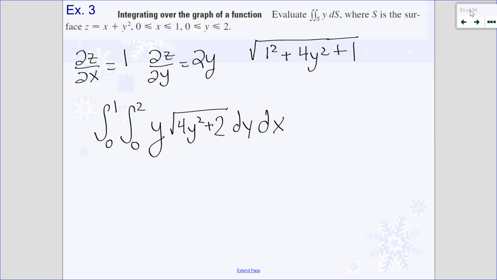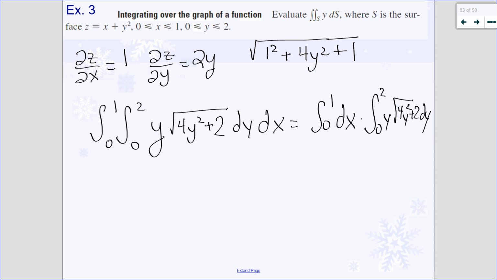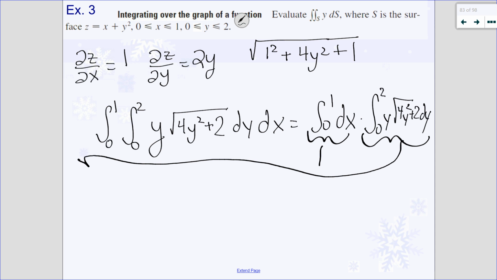I'm just going to go ahead and split these up just for clarity. 0 to 1 dx, 0 to 2, y times the square root of 4y squared plus 2 dy. Okay, so this one's 1. x from 0 to 1, that's just 1. This one I'm going to give myself some room over here.